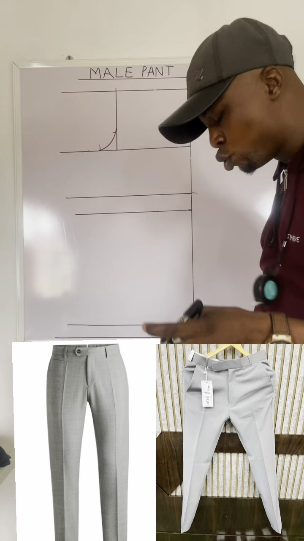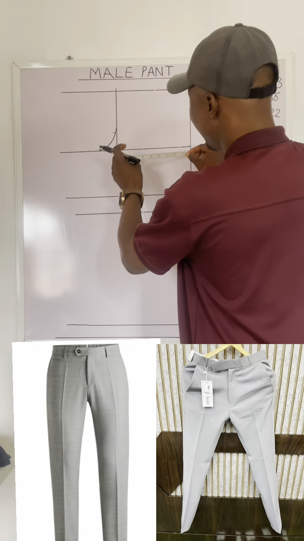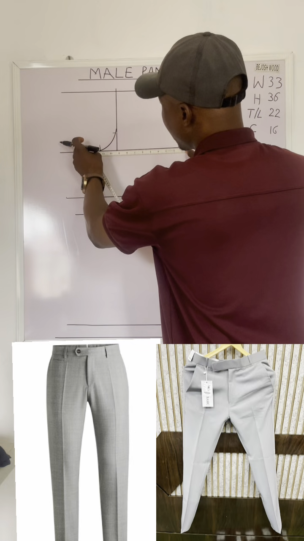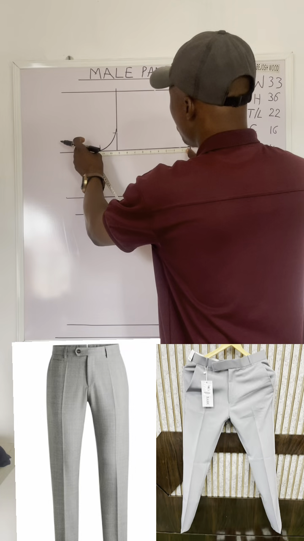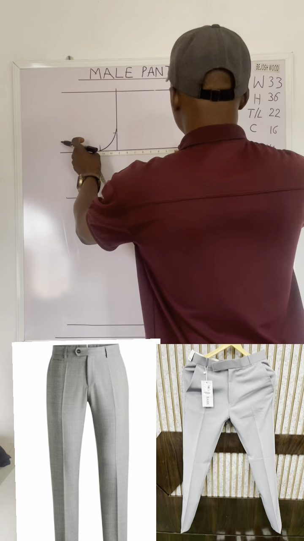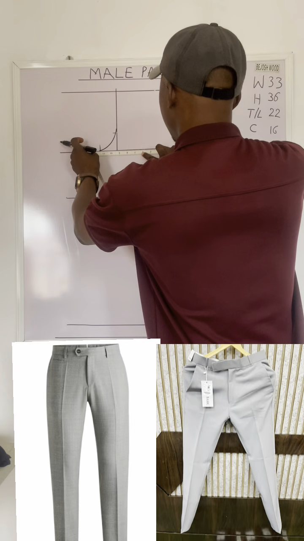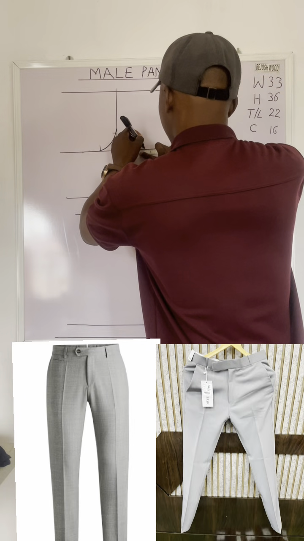Now, the next thing we want to do is get the center line. Anything you have from this crotch extension, 11.5, we're going to divide it by 2. You understand? So 11.5 divided by 2 gives us 5 3/4.